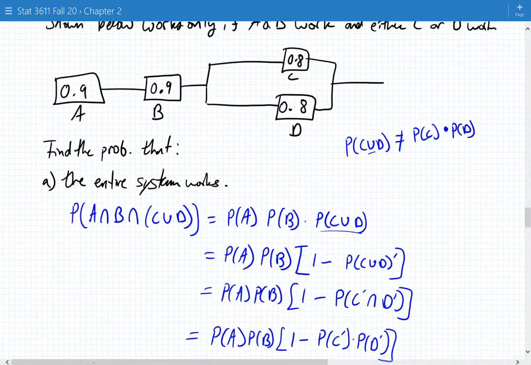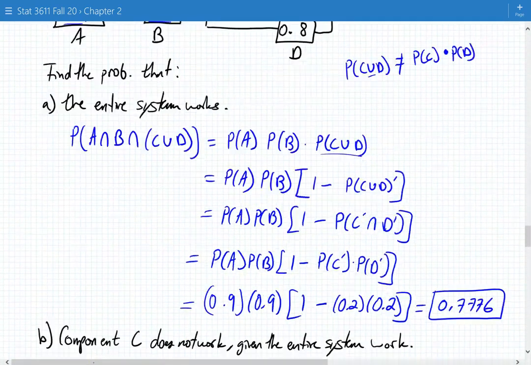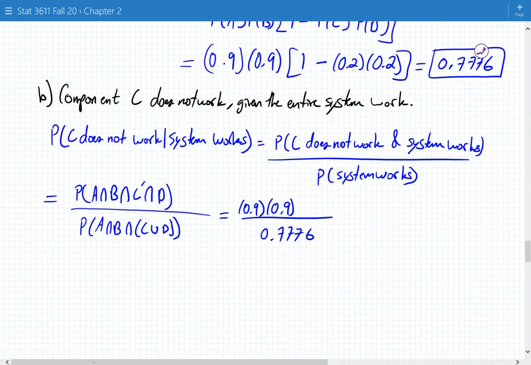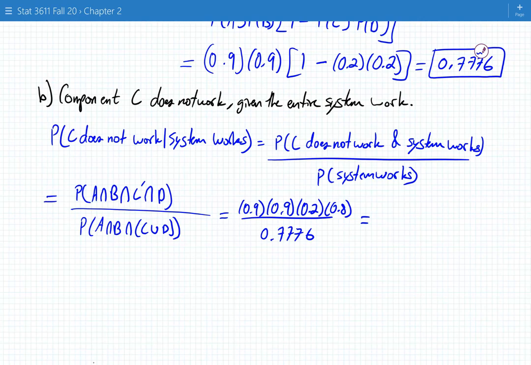And then C prime is 0.2, and the probability that D works is 0.8. And so we run that through a calculator for the numerator, divided by the 0.7776, and I've got something about 0.1667, if I round that off to 4 places.